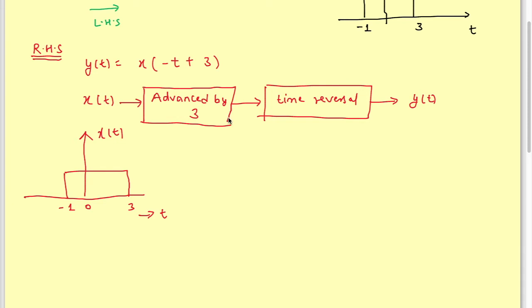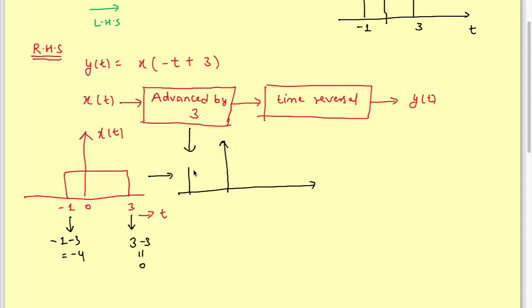Now advanced by 3 means I have to subtract this 3 units from here, that is 3 minus 3 equal to 0, and minus 1 minus 3 equal to minus 4. So my resultant signal after applying this operation will become something like this. It is from minus 4 to 0. This is my time axis.